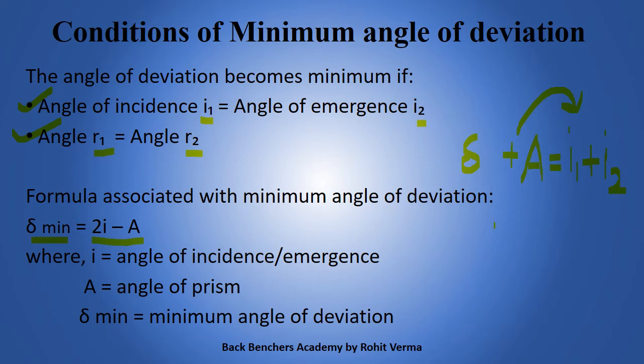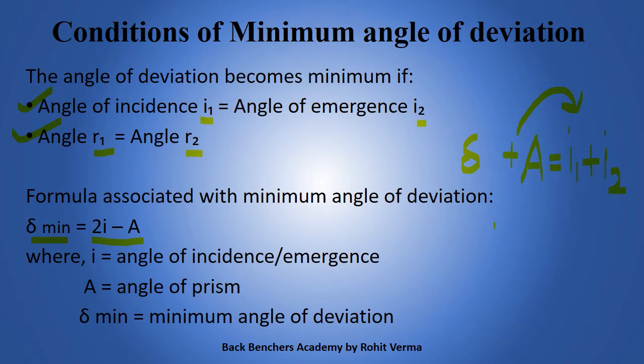So in this formula, if I1 and I2 are equal, let's say they're equal to I, this becomes del plus A is equal to 2I. And this del is a special del, which is del minimum, equal to 2I minus A, because when we shift this A to the other side, it becomes negative. So this is what we get. Here I is the angle of incidence or emergence, because both are equal, A is the angle of prism and del minimum is the minimum angle of deviation. So this is a special condition wherein the amount of deviation happening is least.